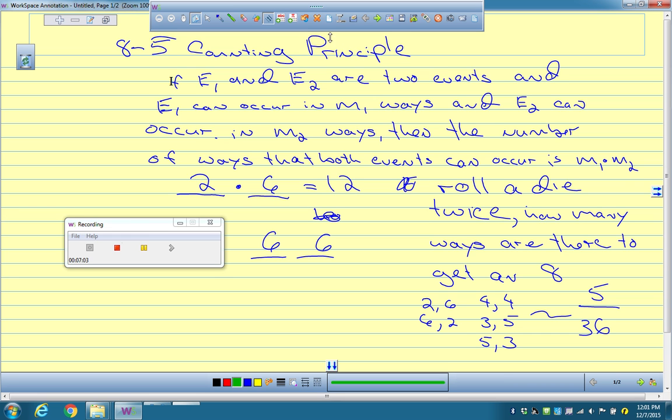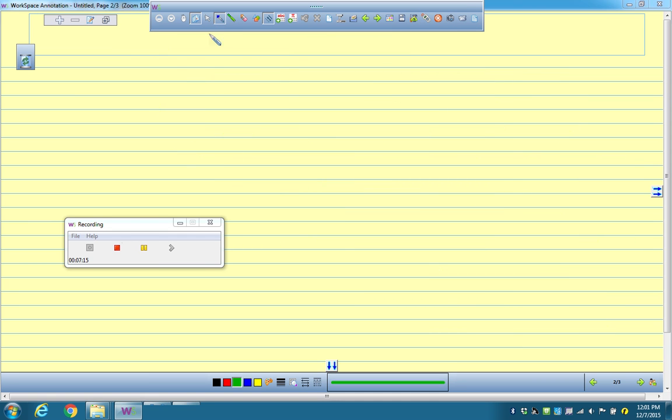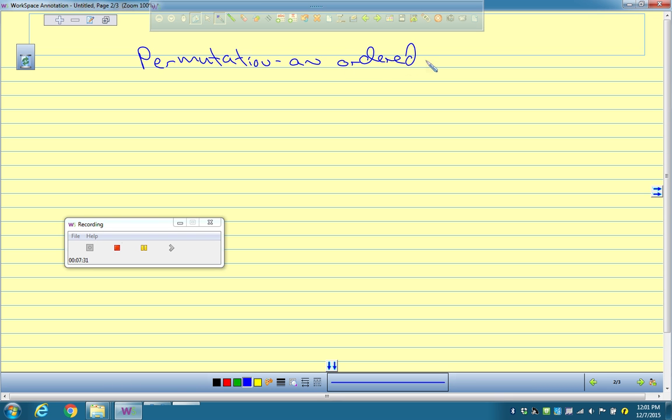So really, a permutation is an ordered arrangement, an ordered set of n different elements.